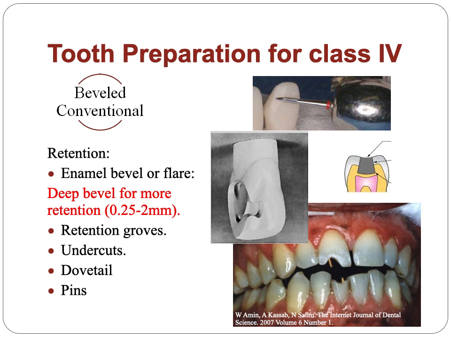You can see in this photo, the one in the middle, we have a dovetail. We can usually also use the undercut in the dovetail to help in retention. And in the last photo, in the lower part of the slide, you can see that we use pins. Pins are usually like a small metal nail.